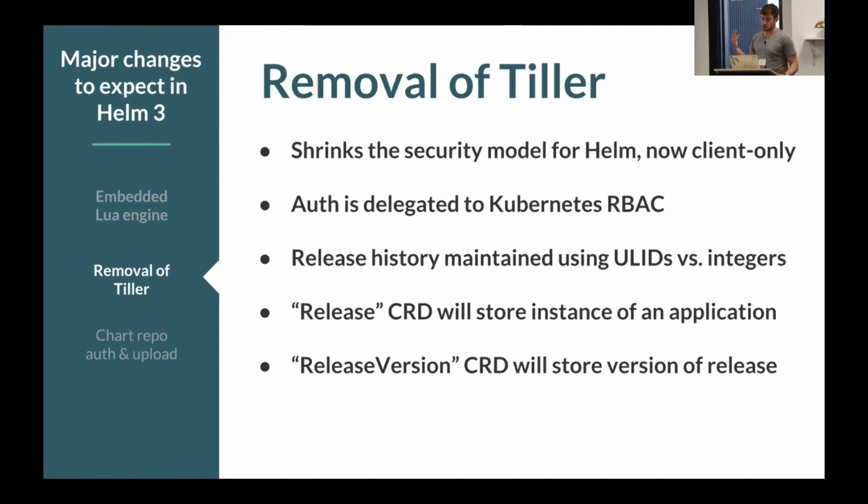And there's 2 of them that are going to be introduced. Release, which basically is the name of your application and the software that it's deploying, plus release versions, which there will be many release versions per release, where this is basically your 1, 2, 3 history of your release.